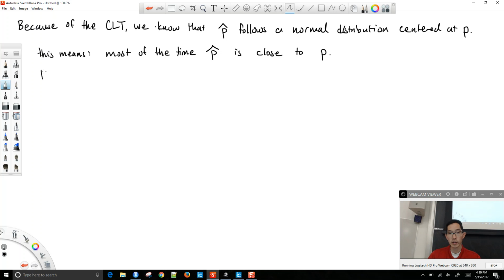And therefore, if we observe a particular value of p hat, we can be confident that P is nearby.